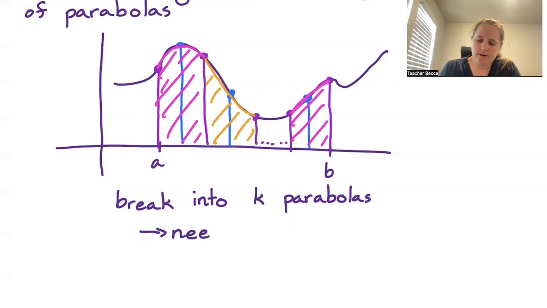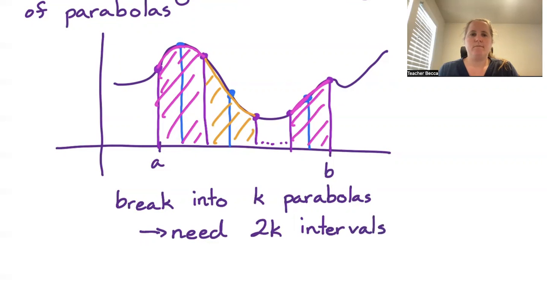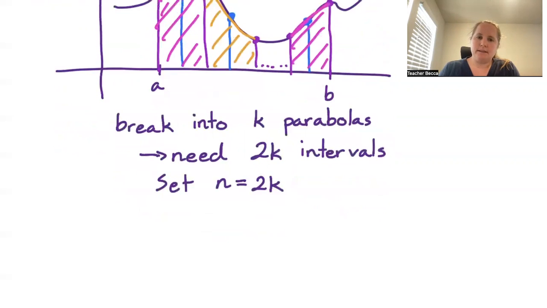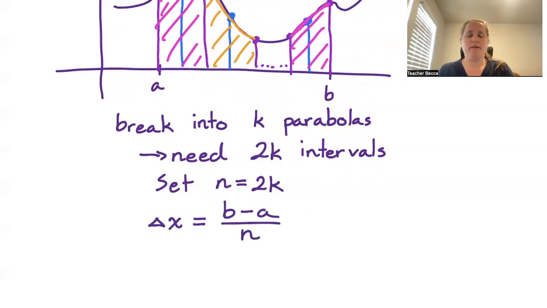So if we break into k parabolas, then we need 2k intervals. And so we'll set n equal to 2k. Our delta x is going to be the width of one of the smaller intervals. And so it'll be, again, our b minus a divided by n.